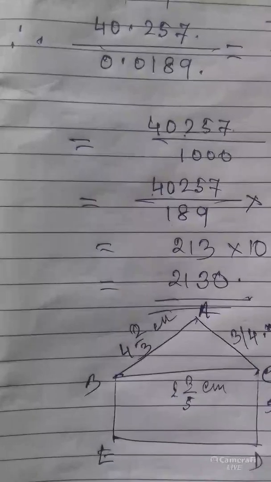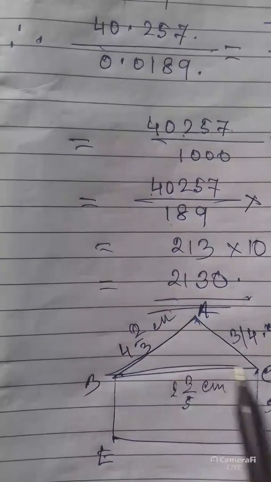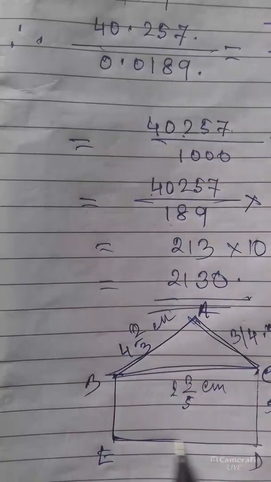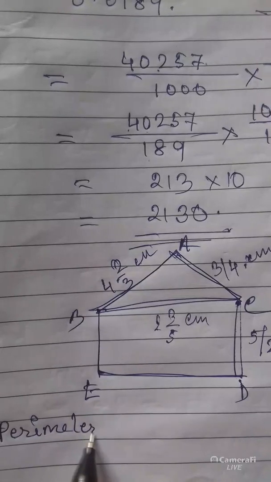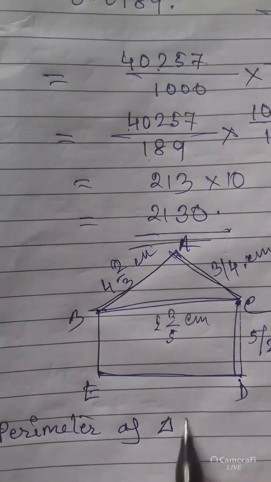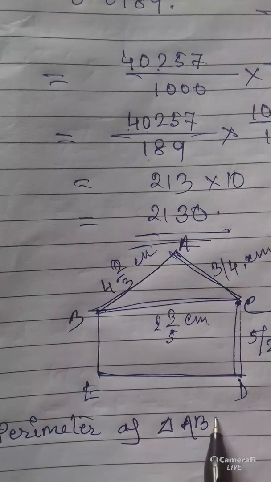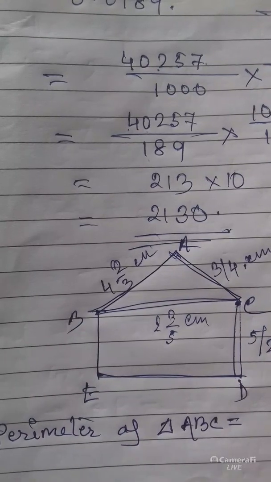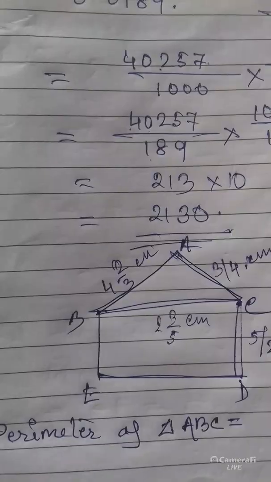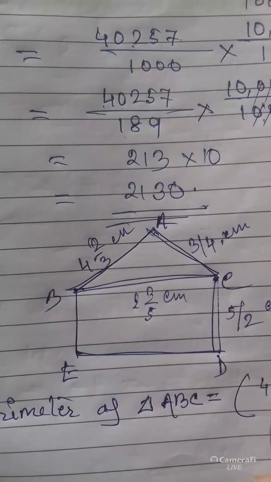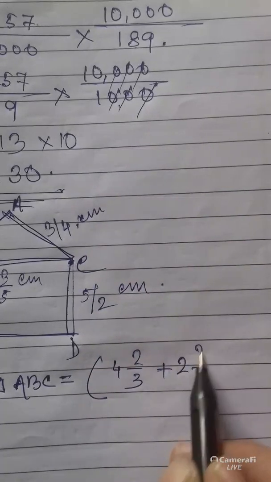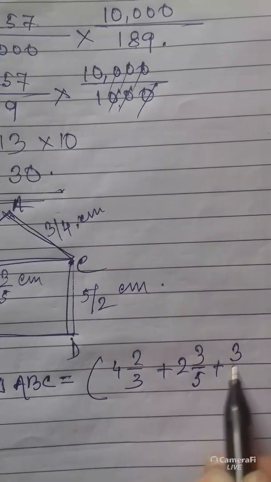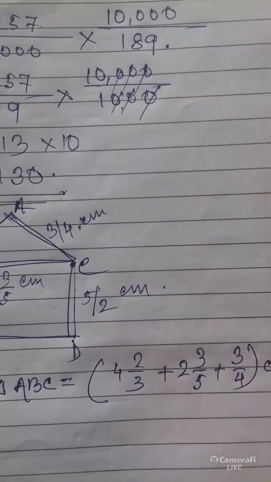We have to find the perimeter of triangle ABC and perimeter of rectangle BCDE. We know that perimeter of triangle ABC equal to sum of 3 sides, means 4 whole 2 by 3 plus 2 whole 3 by 5 plus 3 by 4 centimeter.